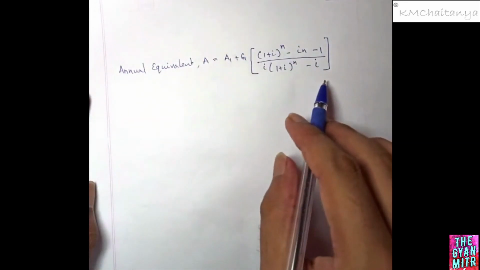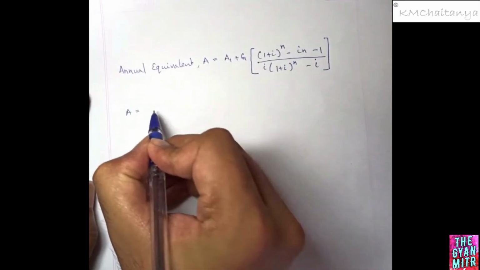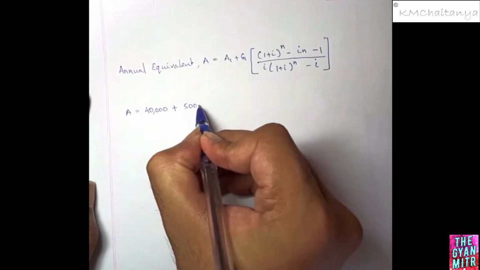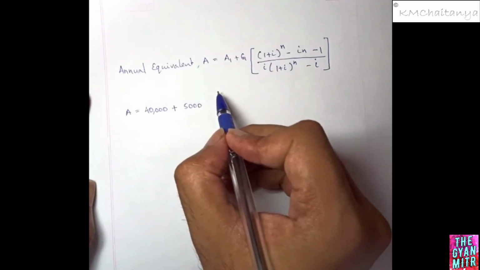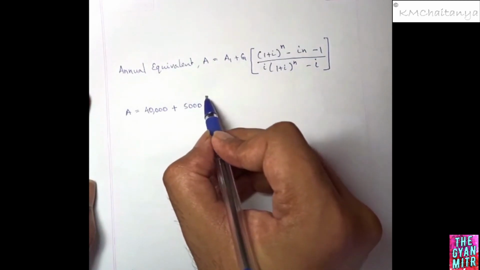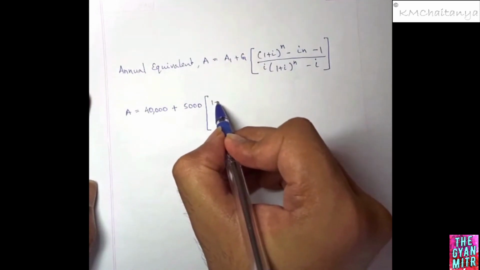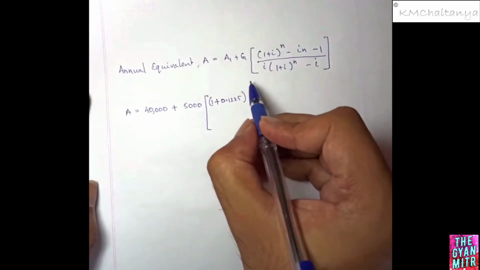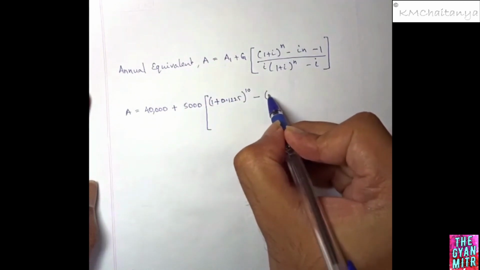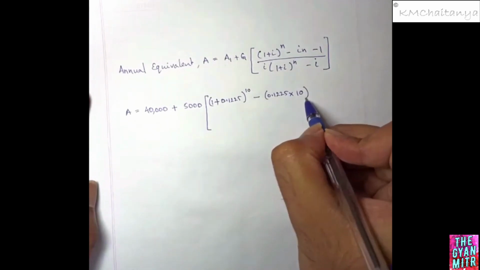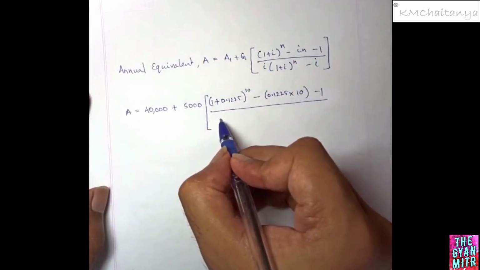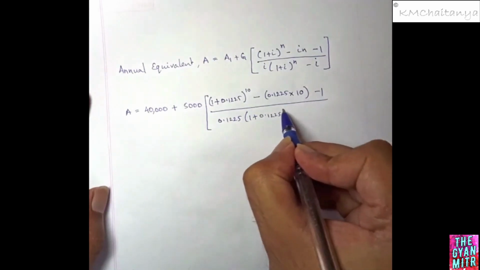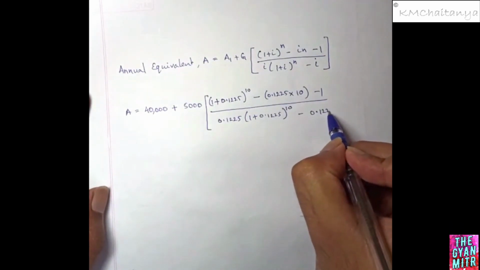Now I'll substitute the values into this particular equation. That is A is equal to A1 is 40,000 plus G is 5,000 multiplied by (1 + i), where i is 0.1225, 12.25%, to the power of n, which is 10, minus 0.1225 multiplied by 10, minus 1, whole thing divided by 0.1225 multiplied by (1 + 0.1225)^10 minus 1.